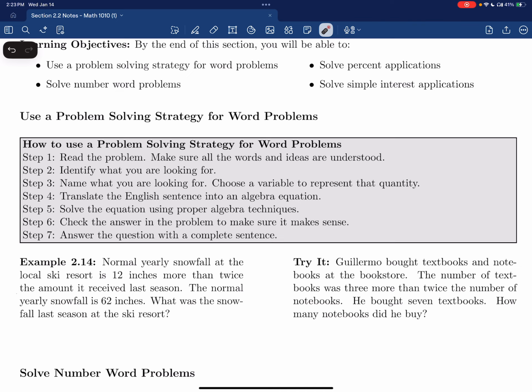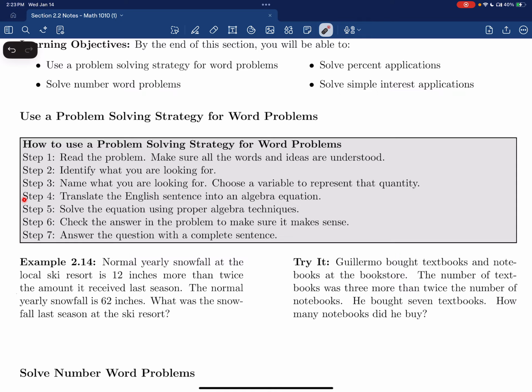Now, here's a how-to 7-step process for using a problem-solving strategy for word problems. Step 1 is to read the entire problem. Make sure all the words and ideas are understood. Step 2, identify what you are looking for. Step 3, name what you are looking for and choose a variable to represent that quantity.